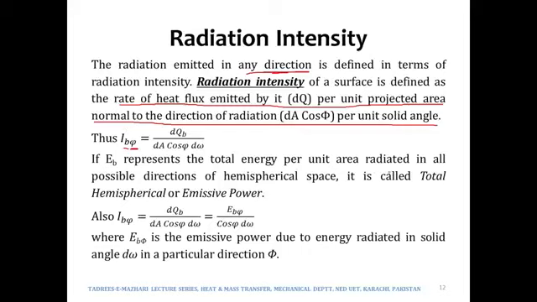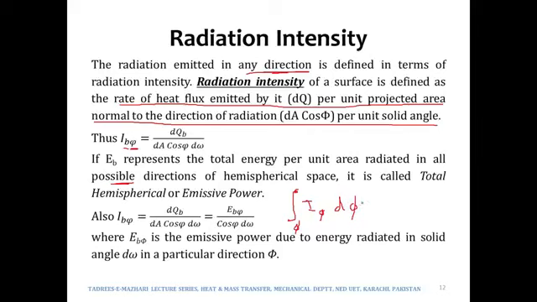So over here it says that if E_B represents the total energy per unit area radiated in all possible directions, then it would be the total hemispherical emissive power. See, if we integrate I_Bφ over all φ's, over all directions, over the complete hemisphere, what do we get?